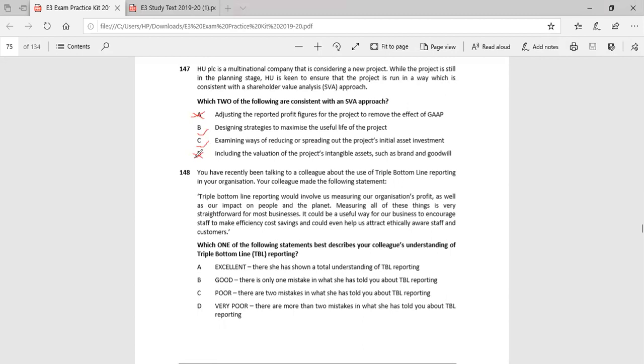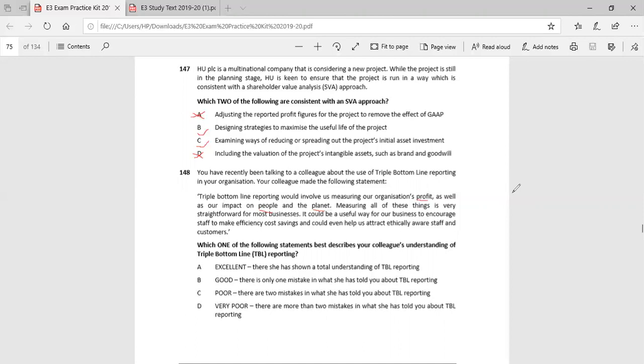Fine. 148. You have recently been talking to a colleague about the use of triple bottom line reporting in your organization. What are the three P's? The first one is profit. The three P's: profit, people, and planet. Triple bottom line reporting would involve us measuring our organization's profit as well as our impact on people and the planet.